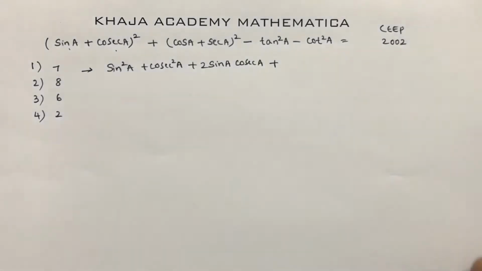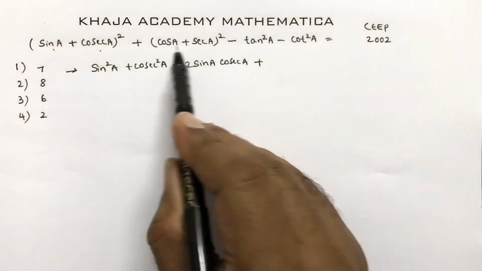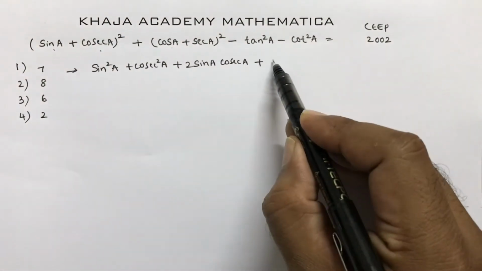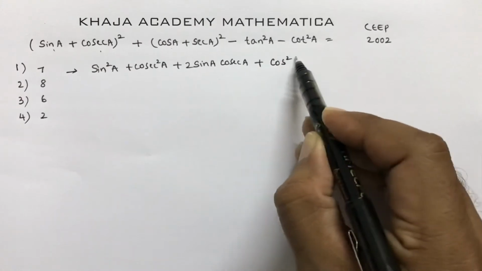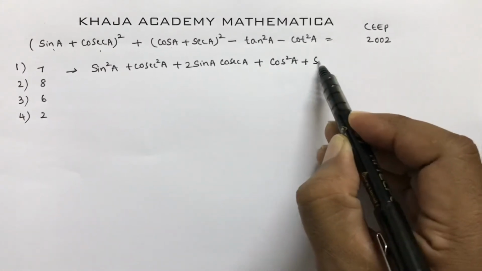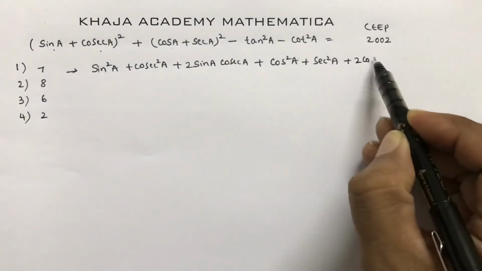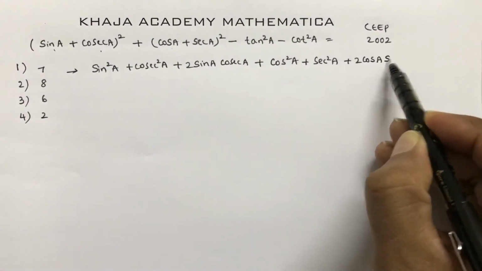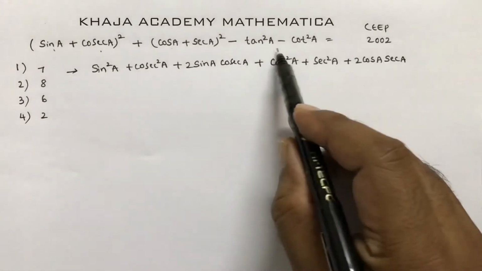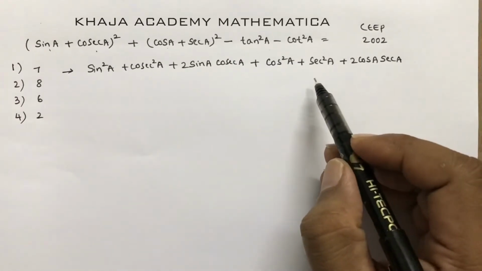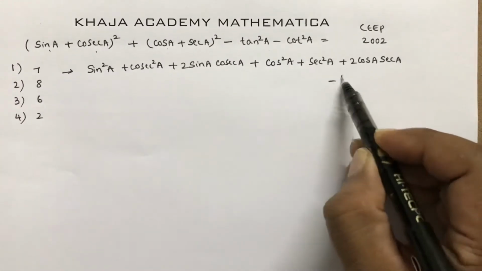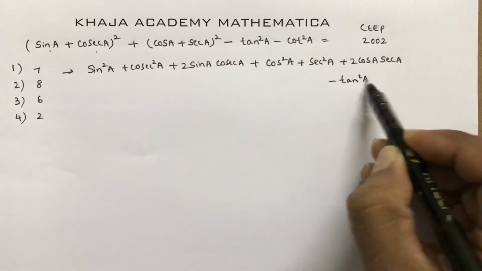Then cos a plus sec a whole square, again a plus b whole square: cos square a plus b square, that is secant square a, plus 2 cos a into sec a, minus tan square a, minus cot square a.